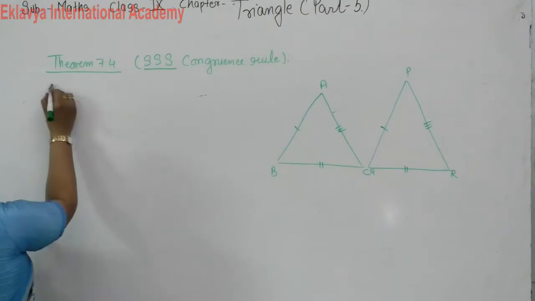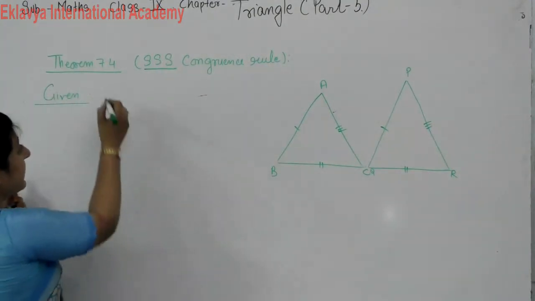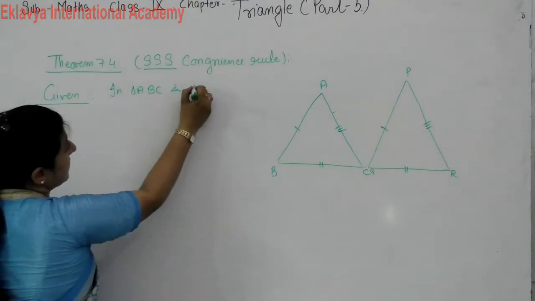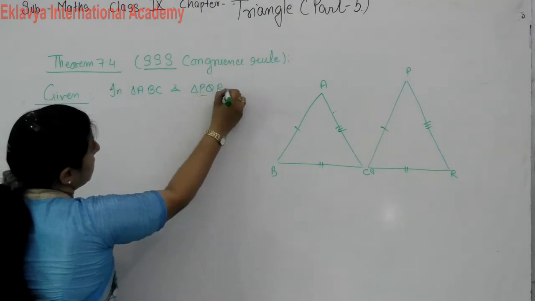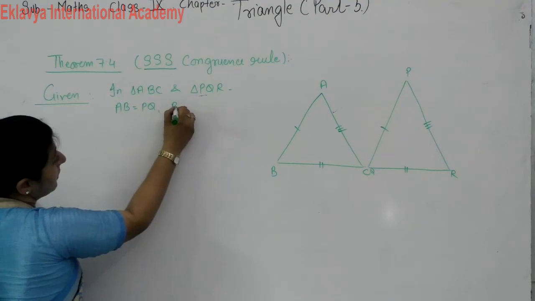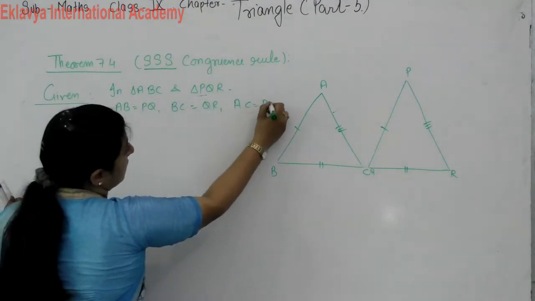What is given to you in this theorem? That in triangle ABC and triangle PQR, AB is equal to PQ, BC is equal to QR, AC is equal to PR.